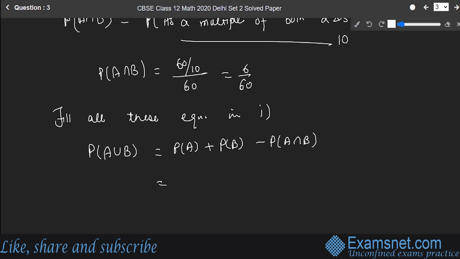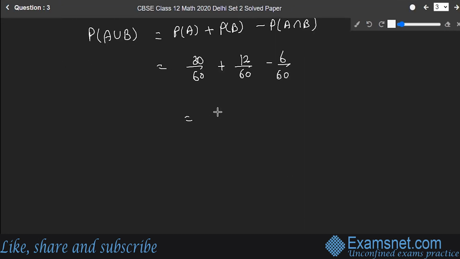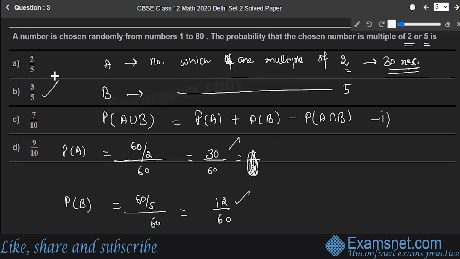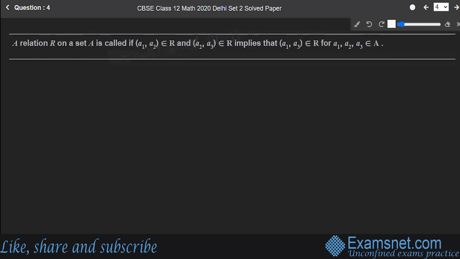This is equal to 30 upon 60 plus 12 upon 60 minus 6 upon 60, which is equal to 36 upon 60, or this is equal to 3 upon 5. That's it. You got your answer as 3 upon 5, and we have option B as the correct answer. Hope you got that. Let's move to the next question.